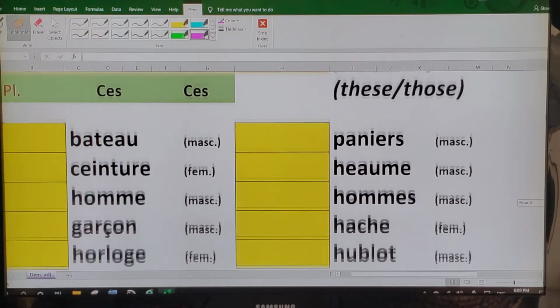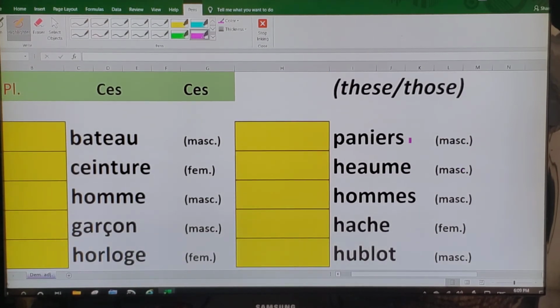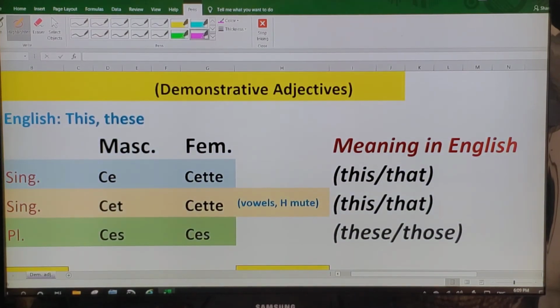I know it could be a bit confusing, especially when you are faced with the H mute and H aspirated. And as I explained, whenever a masculine singular noun begins with an H mute, whenever the H is not pronounced in a noun, then we use cet. But if it's H aspirated, we will continue to use ce. For feminine nouns, it makes no difference because we still use cette, whether it's H mute or H aspirated.